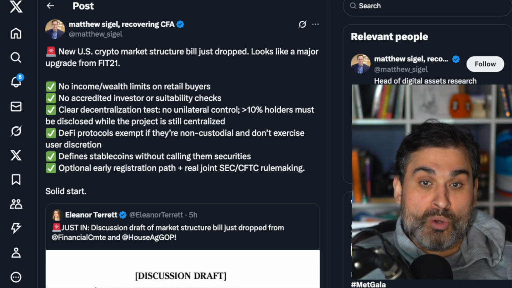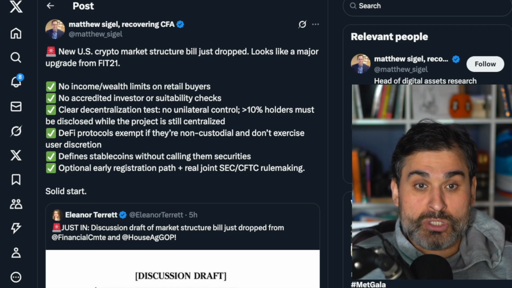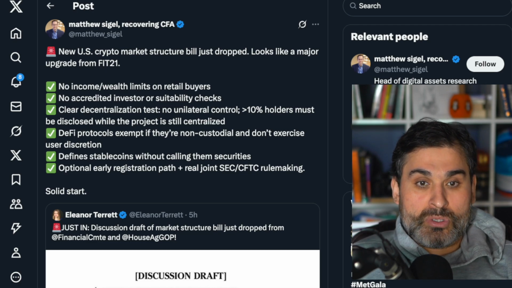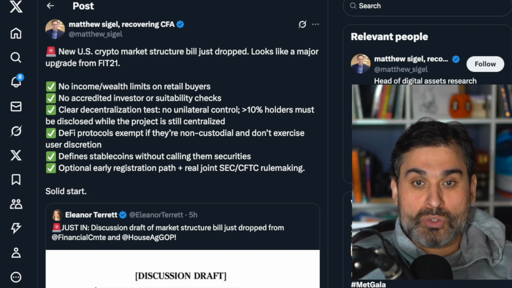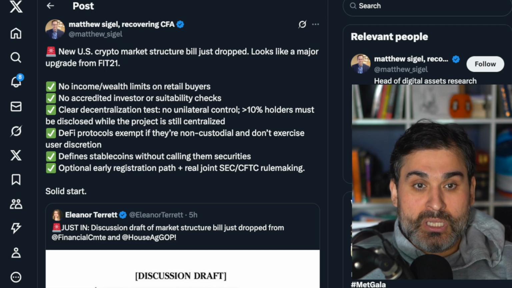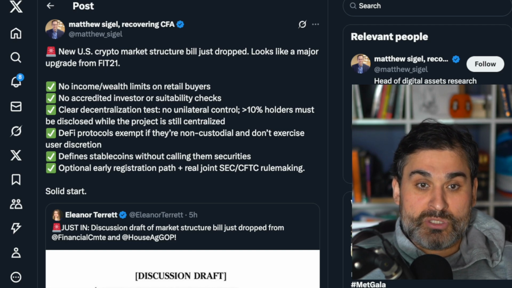If you hold more than 10% of the token, you must be disclosed while the project is still centralized. DeFi protocols are exempt if they're non-custodial and don't exercise user discretion, and it defines stablecoins without calling them securities, with an optional early registration path plus real joint SEC CFTC rulemaking.